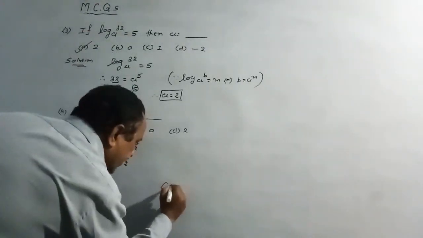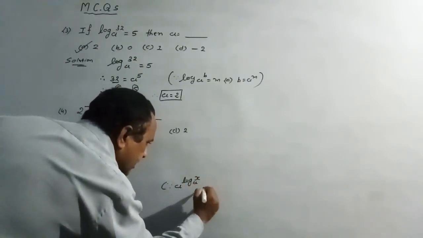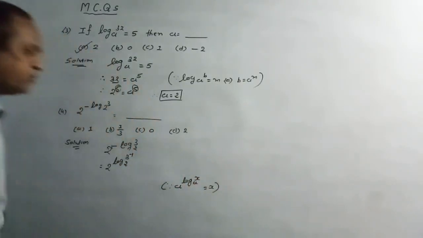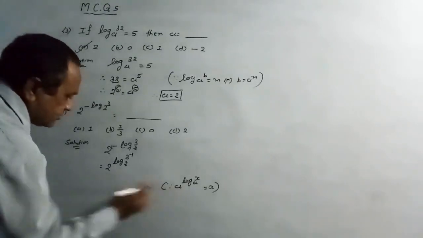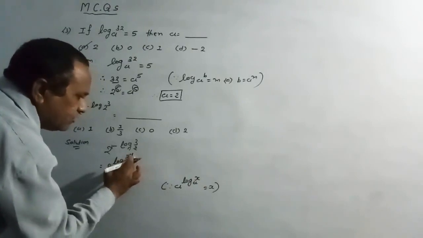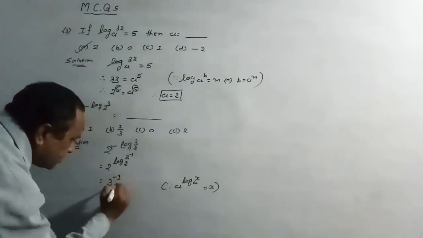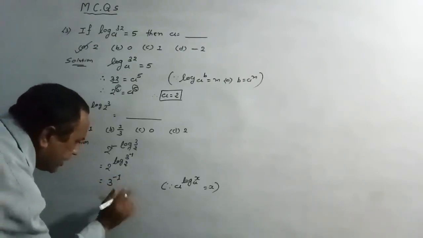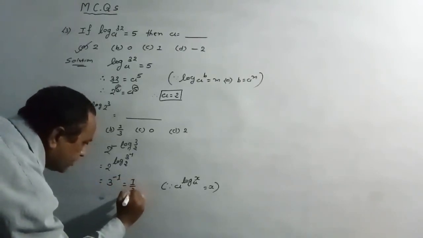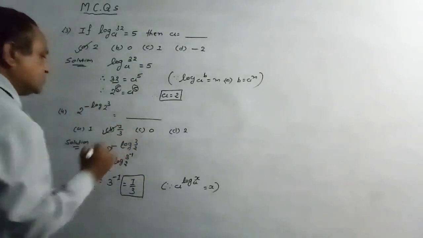But we know that a raised to log x base a is equal to x, that is our property. So here a is equal to 2, and x is equal to 3 inverse. Then the answer is 3 inverse. But 3 inverse is equal to 1 by 3. That is our answer. So here our answer is option B.